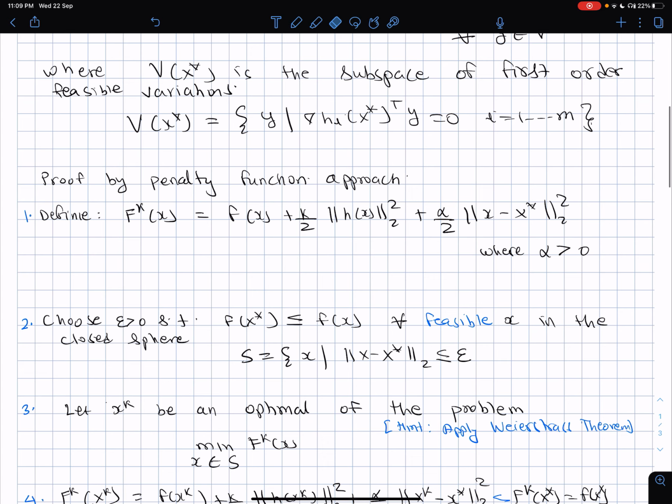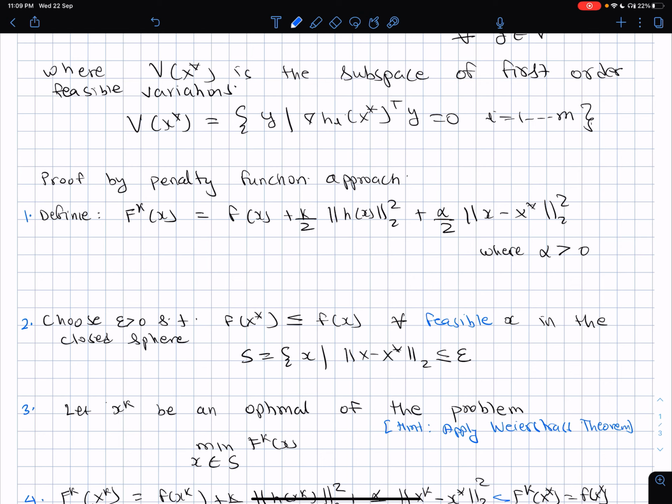The proof that I am going to follow is based upon what is known as a penalty function approach. The idea is that the constraint violation, if x is not a feasible point, then this vector h of x will not be equal to 0.